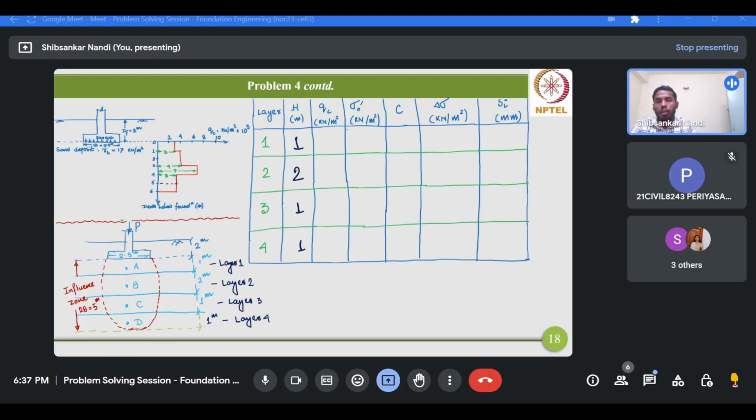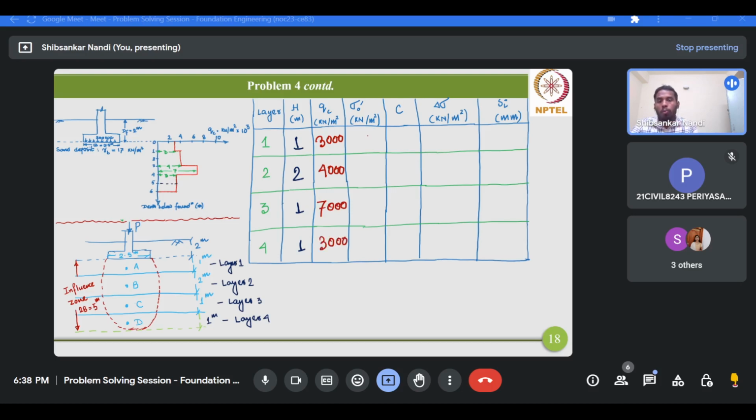Coming to QC, for the first layer it's 3000, the second layer 4000, the third layer 7000, and the fourth layer again 3000.